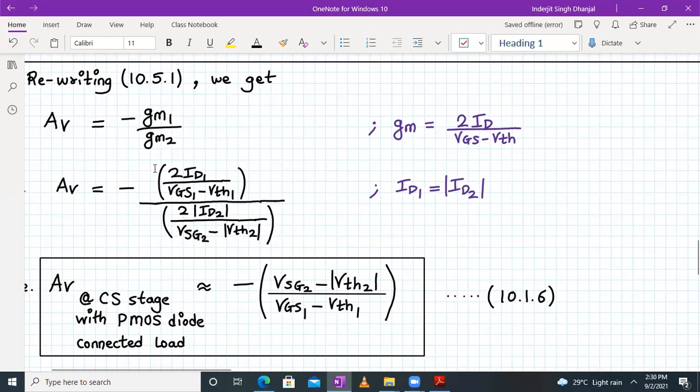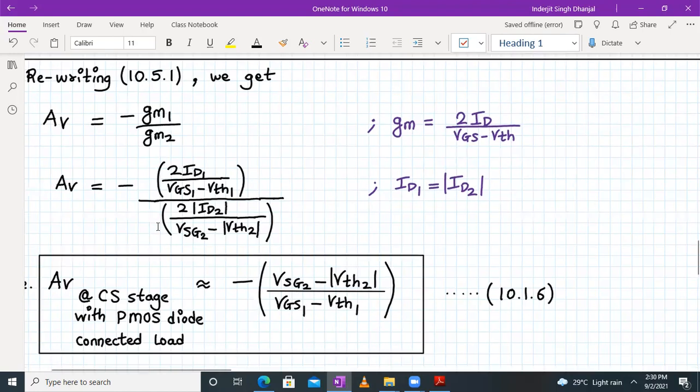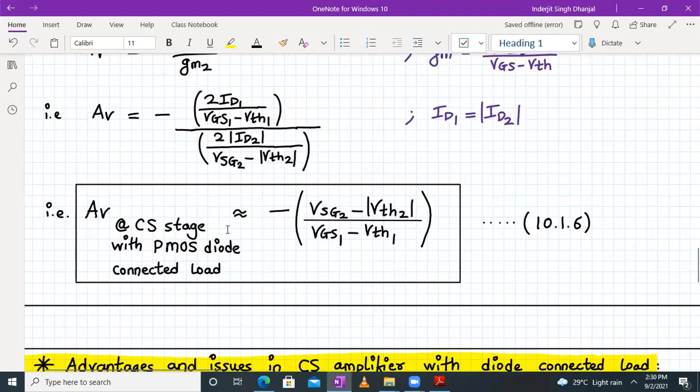So after simplifying, twice ID1 and twice mod of ID2 will get cancelled. And finally, you will get the alternate expression of small signal voltage gain as AV is approximately equal to minus of VSG2 minus mod of VTH2 divided by VGS1 minus VTH1.